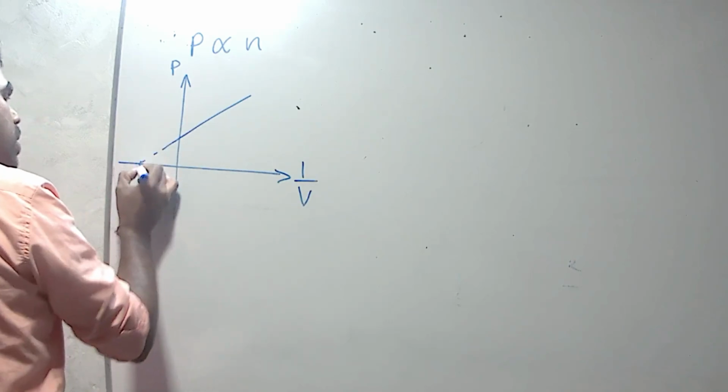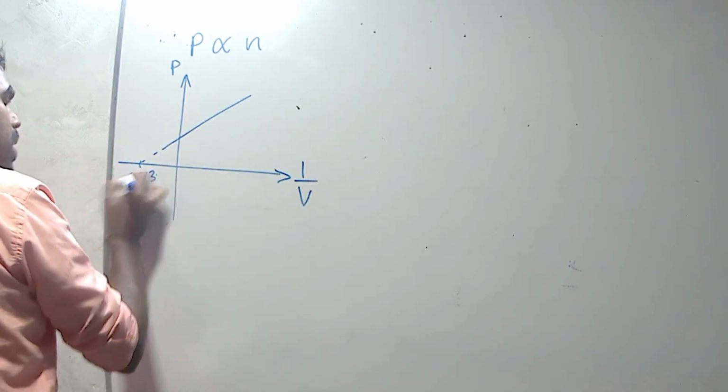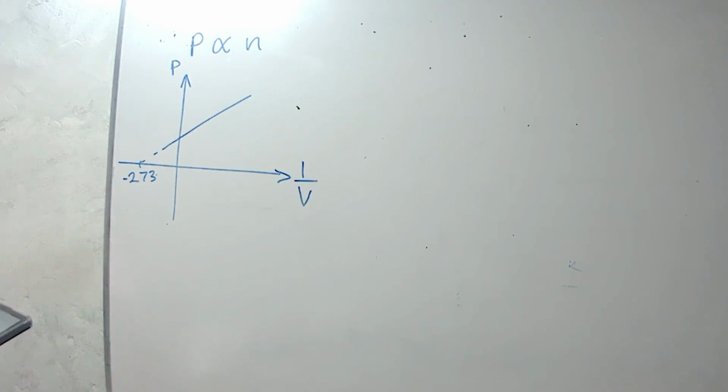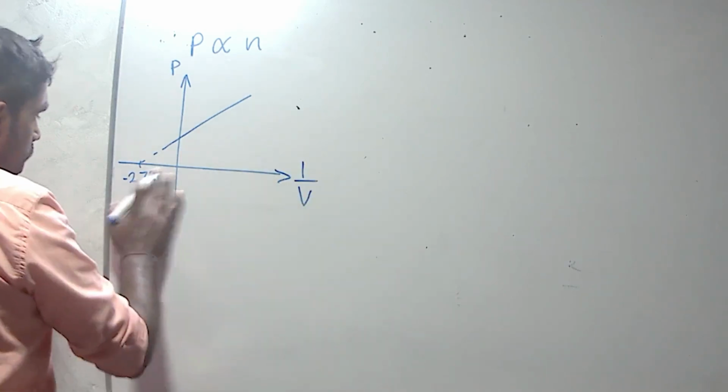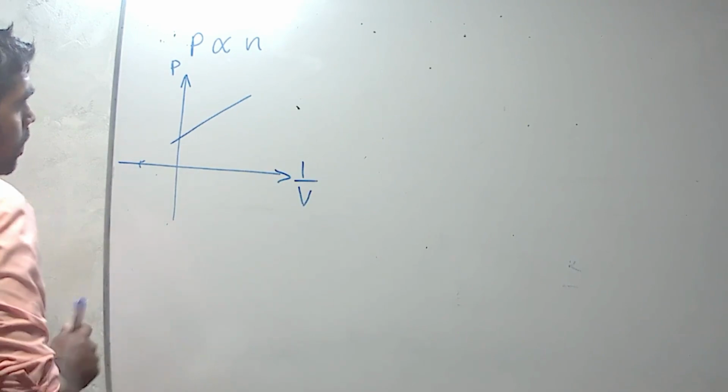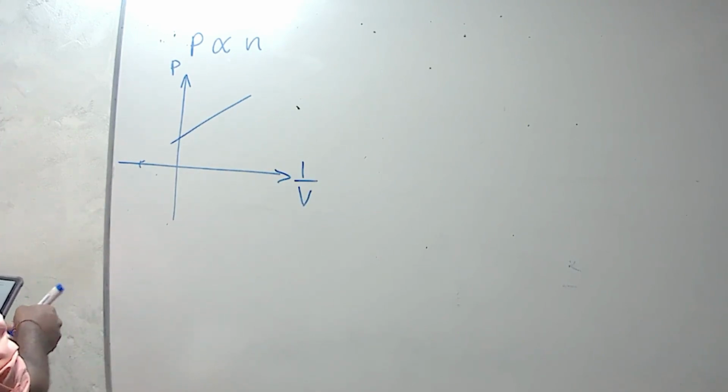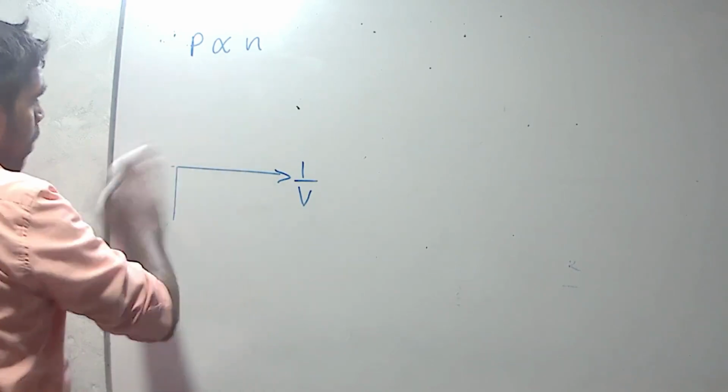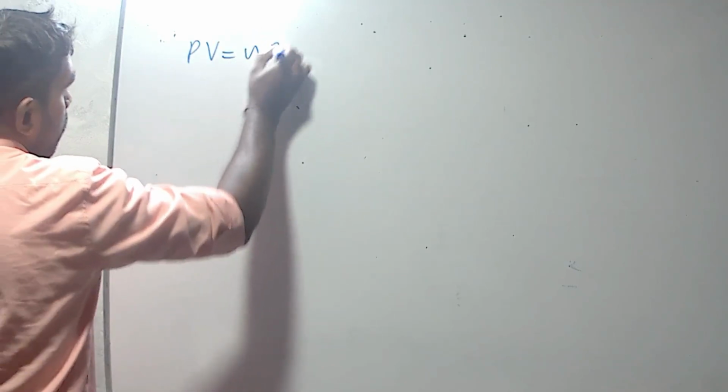It should pass, minus 273, absolute 0. No, it is 1 over V. I will derive the equation. PV equals nRT.